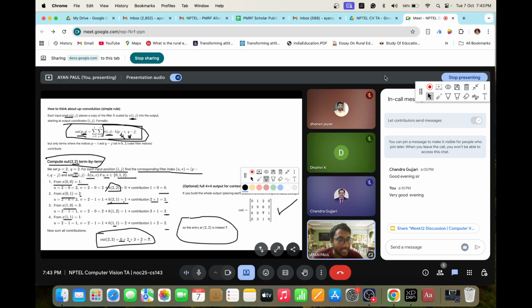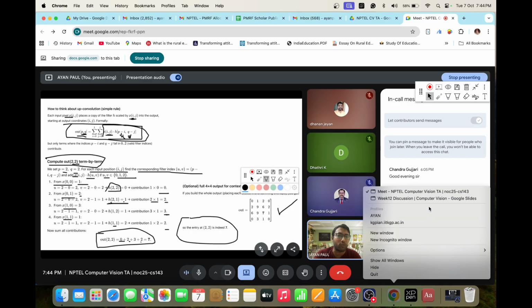So we have the i, j index and the p, q index. Now you can easily calculate the index of h, which I have termed u and v. u is nothing but p minus i, and v is nothing but q minus j. If we know this, it is very easy. We just have to do the calculation.